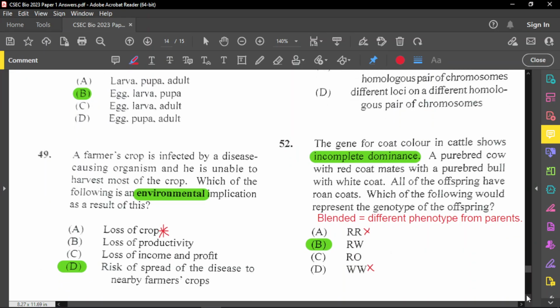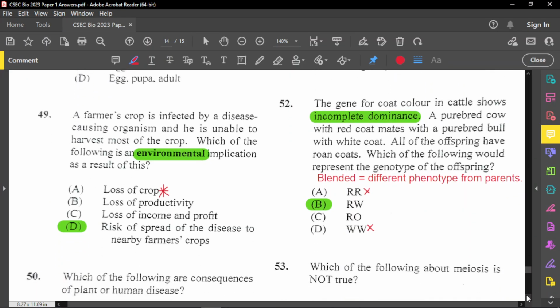All right, for 49, it says a farmer's crop is infected by a disease-causing organism and he is unable to harvest most of the crop. It said, which of the following is an environmental implication as a result of this? And so, yes, option A looks nice because there'll be loss of crop.